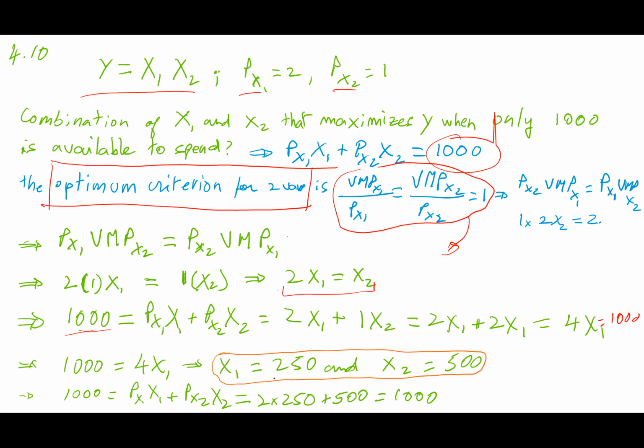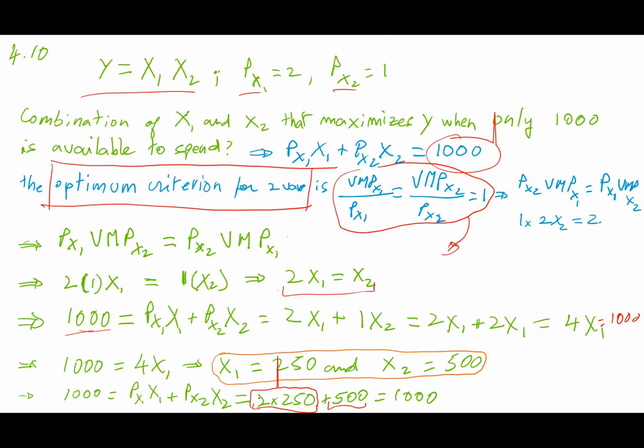And if I know x1 equals 250, then price times x1, 2 times x1, is 500, and so the cost of x2 can only be 500, because this is the cost.